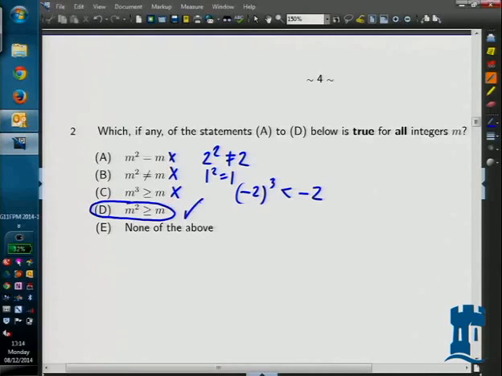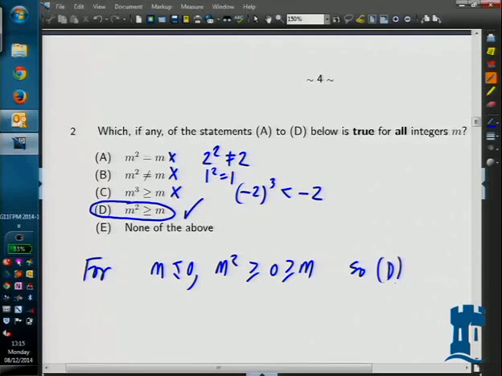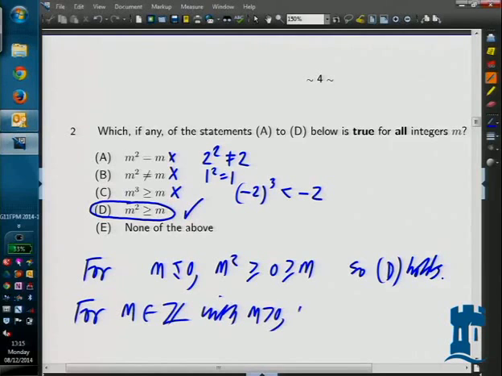And this one is true, but you might want to do a case-by-case analysis. For m smaller or equal to 0, m squared is greater or equal to 0, which is greater or equal to m. So D holds. And for m in Z, with m greater than 0, we have m is greater or equal to 1. And that's where it's different between integers and real numbers.